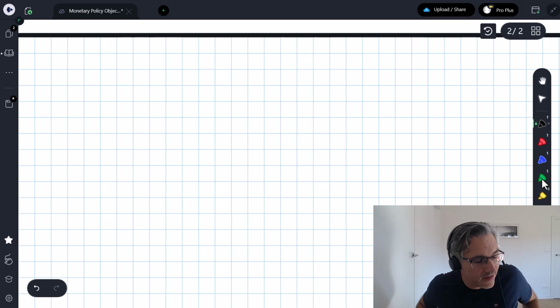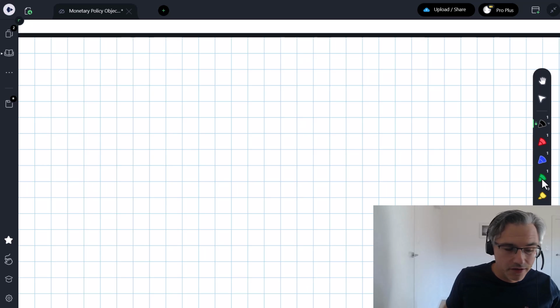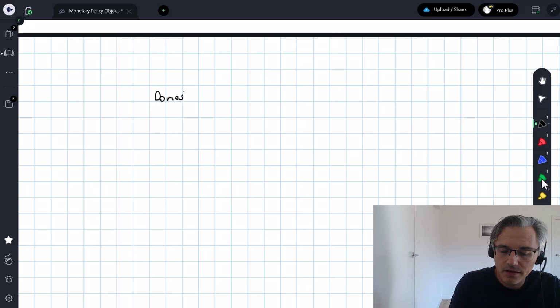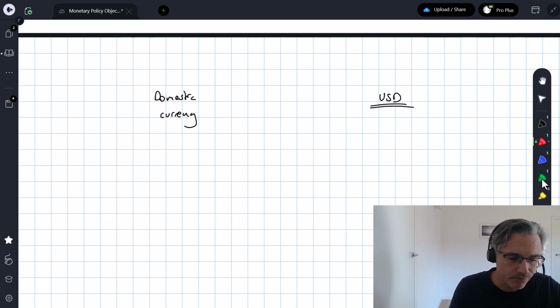Easier to write than just a page without any grids. Okay, let's imagine that we've got a domestic currency over here, and this is the US dollar against which we are going to try and fix our exchange rate.